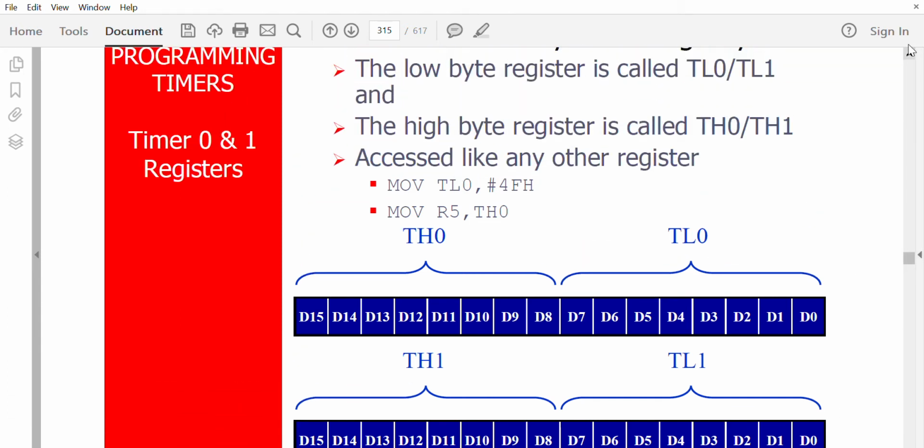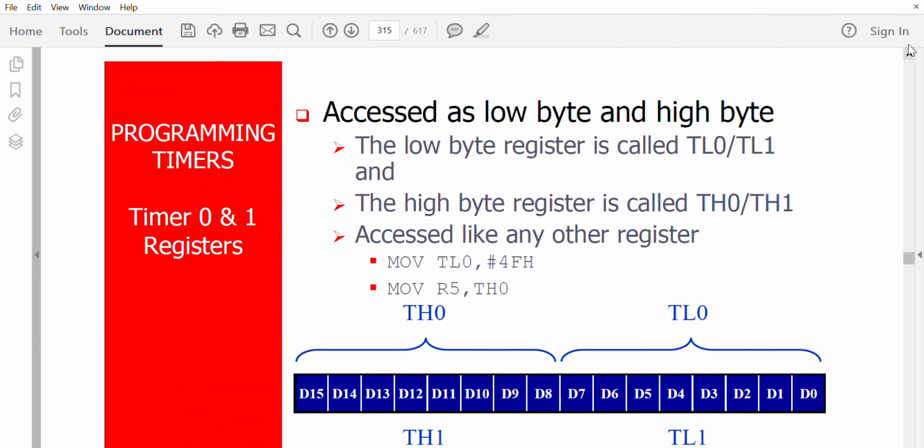So you can write in the program byte-wise also. Just like you would write a register inside a particular instruction, you can address TH0, TH1, TL0, TL1 inside an instruction.